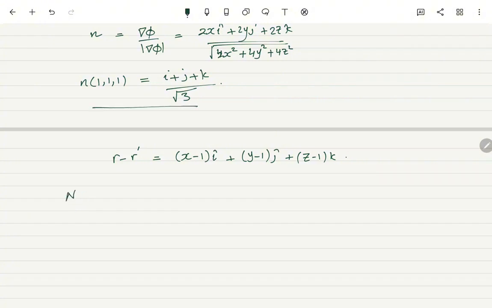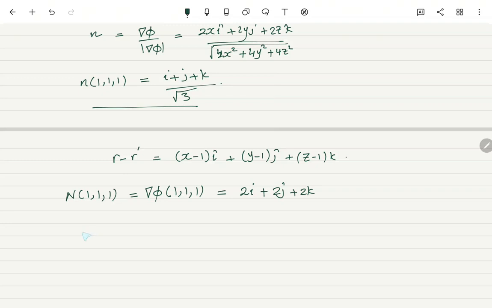N at (1, 1, 1) equals gradient phi at (1, 1, 1), which is 2i plus 2j plus 2k.